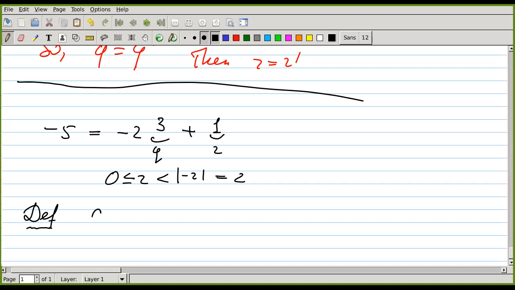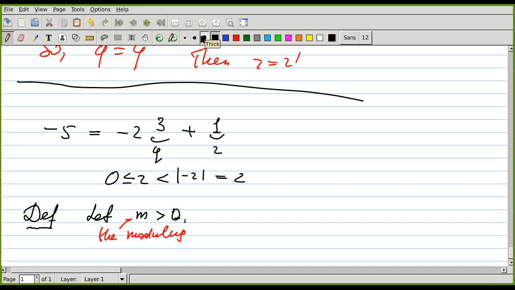Two numbers are congruent to each other modulo some other number. Let m be an integer greater than, say, 0. This number will be called the modulus.